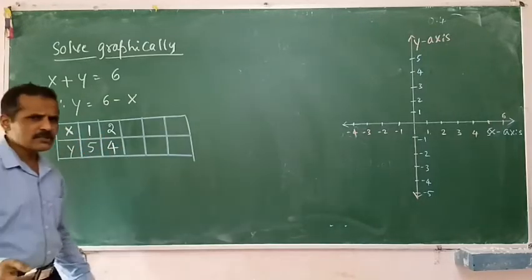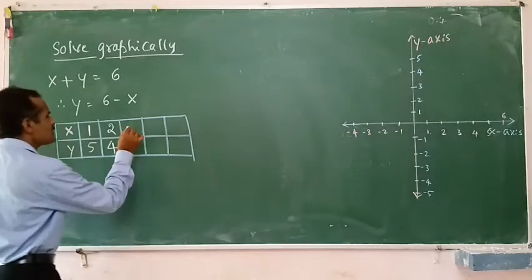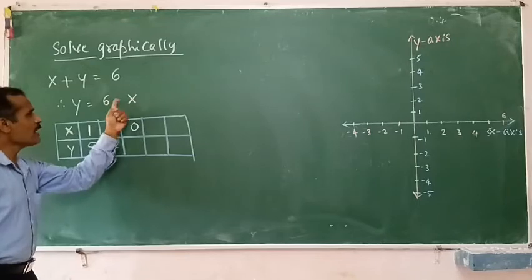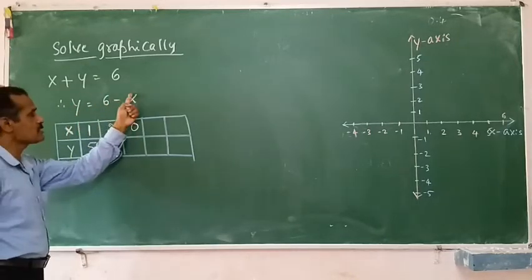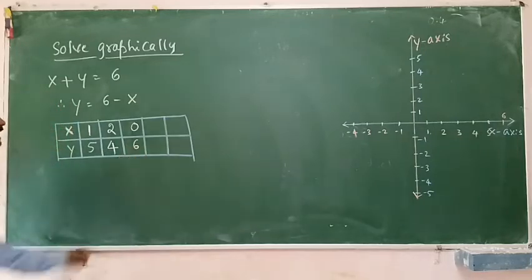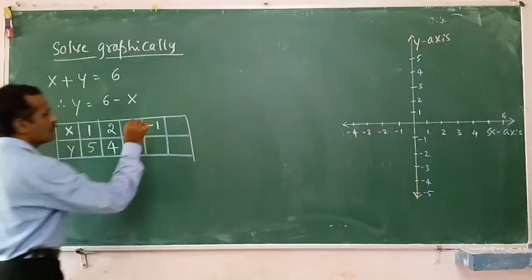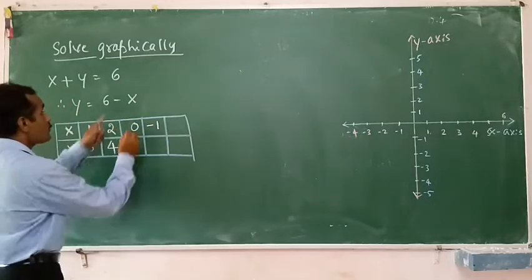It is not necessary that you always go in increasing order. Any value you can put. I will put x is equal to 0. Y is equal to 6 minus 0, the answer is 6. I will put x is equal to minus 1. What happens here?